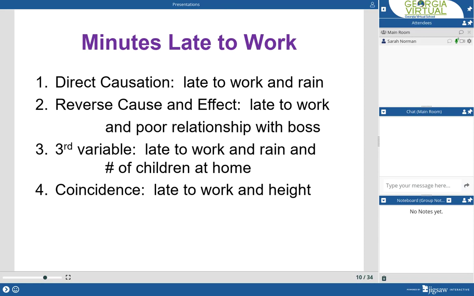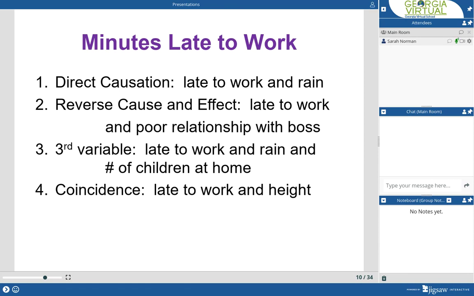A third variable might be something such as the person has a certain number of children at home. That could affect how late a person is to work, but it may not be on the graph or on the comparison of the variables. And then there might be a coincidence.